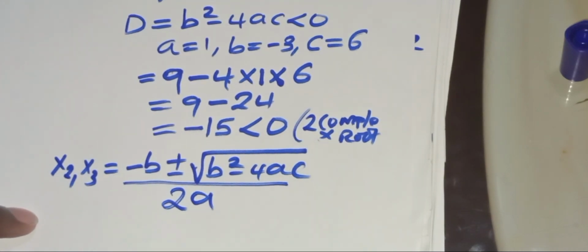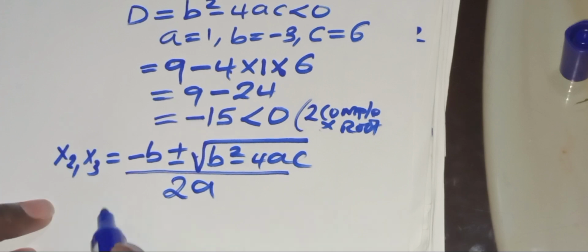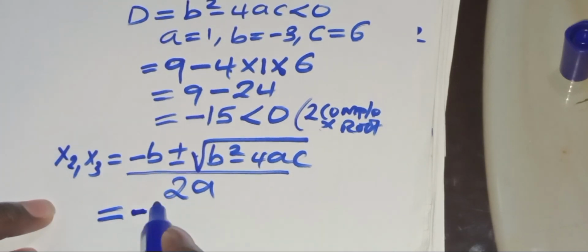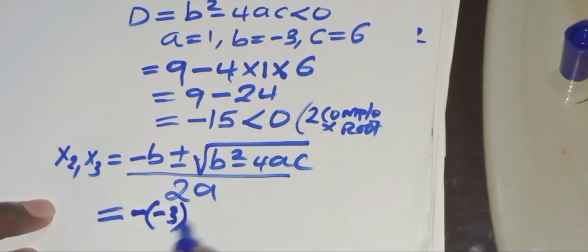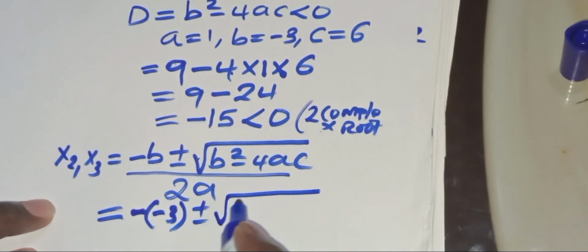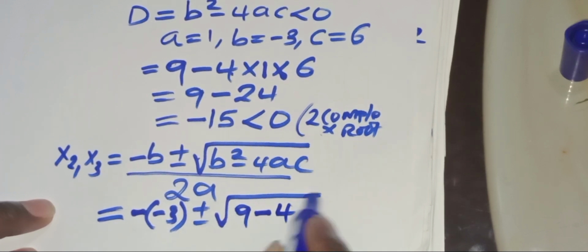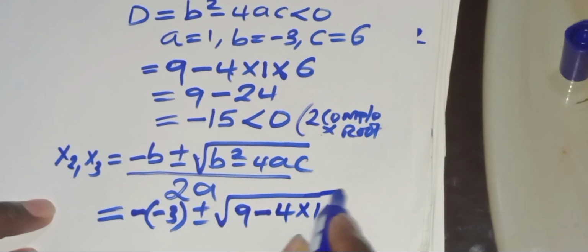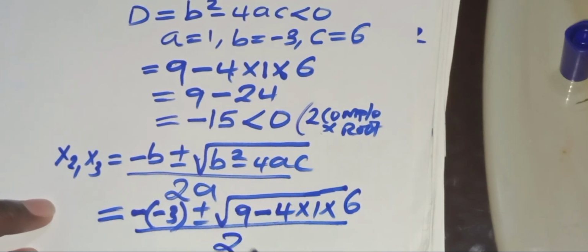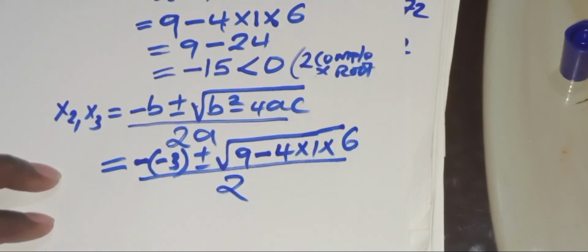Now let's substitute the values of a, b, and c. This is negative 3 plus or minus the square root of negative 3 squared, which is 9, subtract 4 times 1 times 6, divide this by 2.